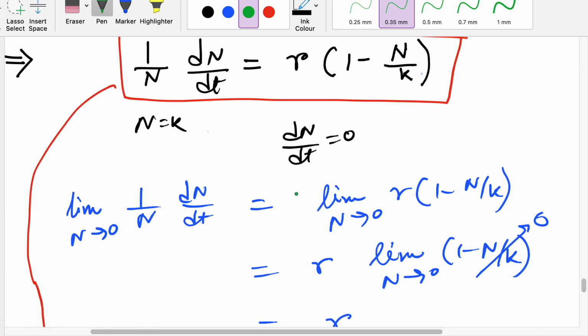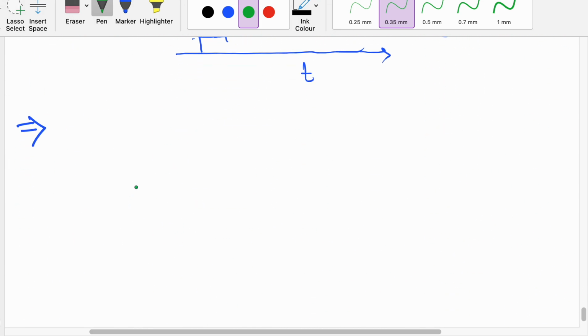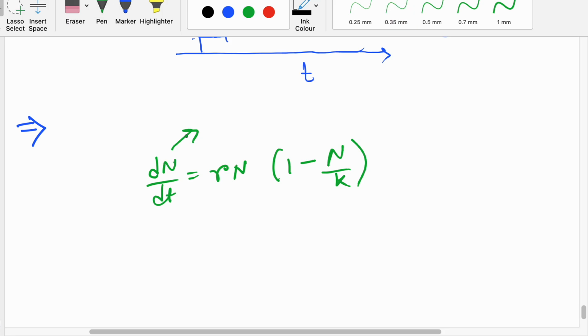So you see this dN/dt, if I write it here again, dN/dt is rN(1 minus N/K). Now you see this dN/dt is always changing, this N is always increasing or decreasing with respect to time. Now where will this dN/dt stop?